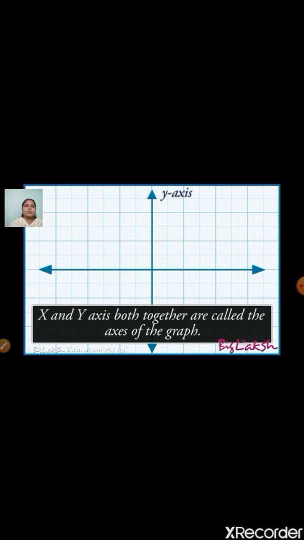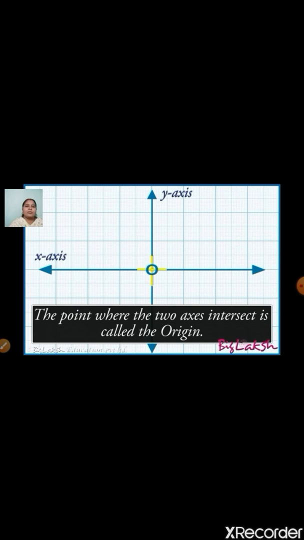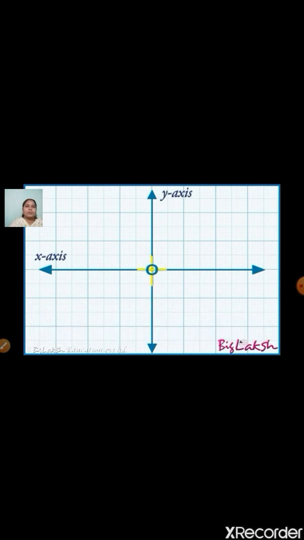X and y-axis both together are called the axes of the graph. The point where the two axes intersect is called the origin. The origin is denoted by the letter O. The coordinates of the origin are 0, 0.